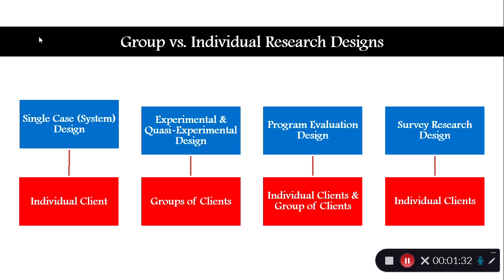And still, program evaluation design can be geared towards either individual clients or groups of clients. As you will see when we get to chapter 14, where we talk about program evaluation, this is our most flexible research design. And then finally, survey research can be geared toward individual clients.